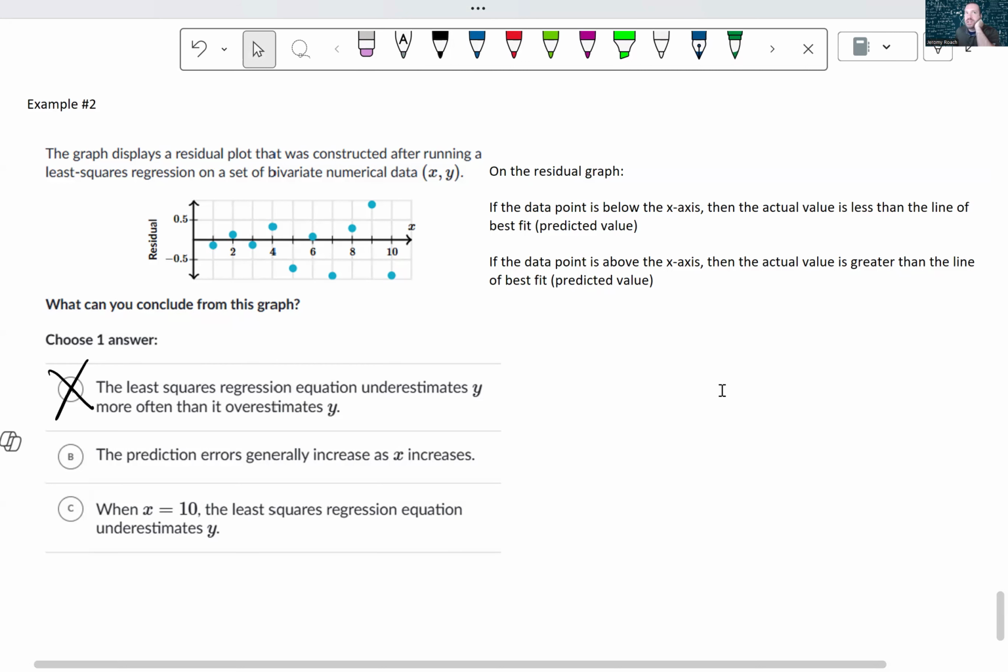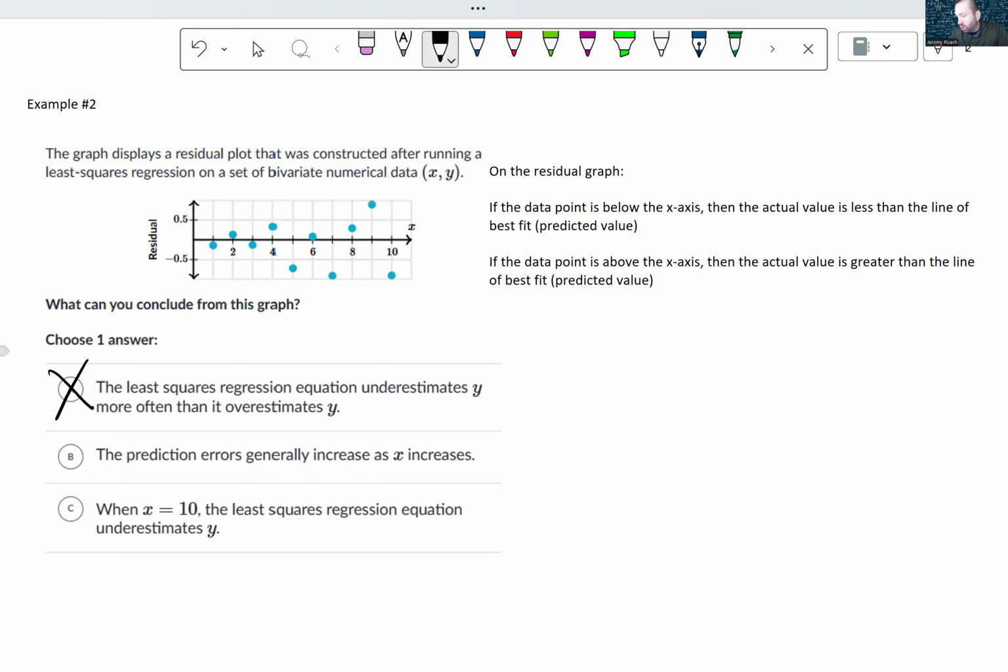B says the prediction errors generally increase as x increases. And it doesn't mean always, it just means for the most part, in general. So in the beginning, when x is 1, 2, and 3, our actual data points are very close to our regression line.